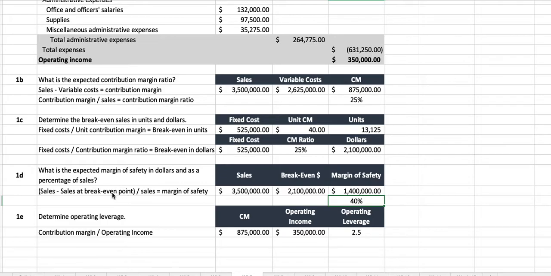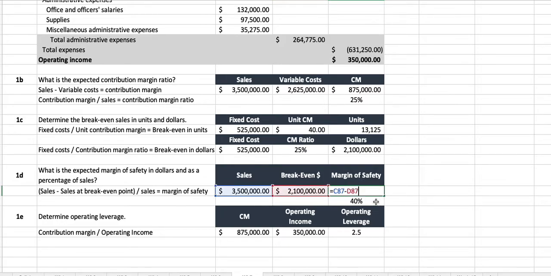So let's go ahead and calculate our expected margin of safety. We want to take our sales and subtract out the sales at break even, and we calculated that just a few moments ago. Then we want to divide that by our sales, and that's going to give us our margin of safety. So we start here. We've seen this before. Sales is $3.5 million. We just calculated our break even in dollars. We can see that came from up here. And now we want to calculate our margin of safety.